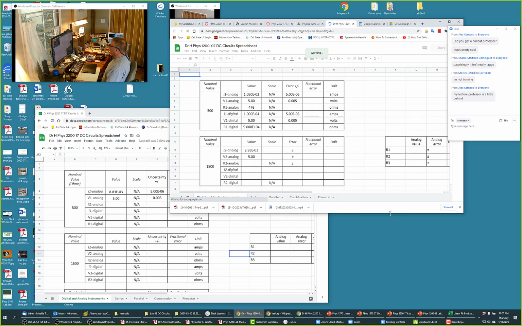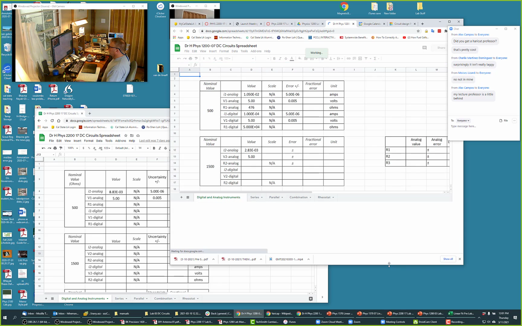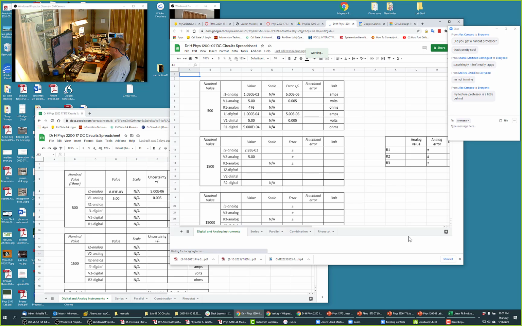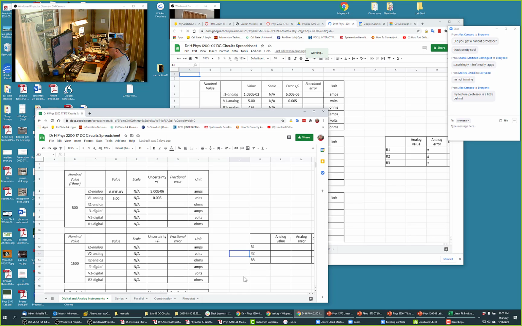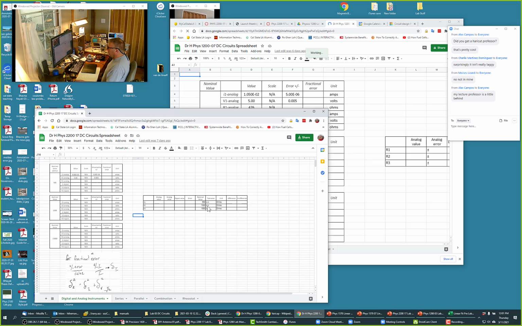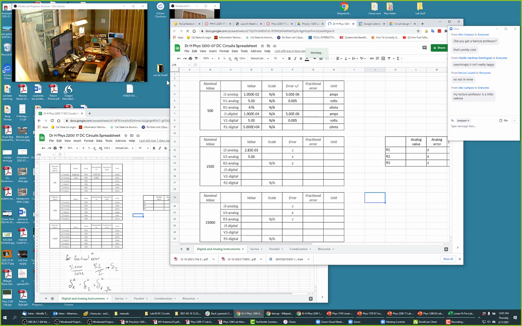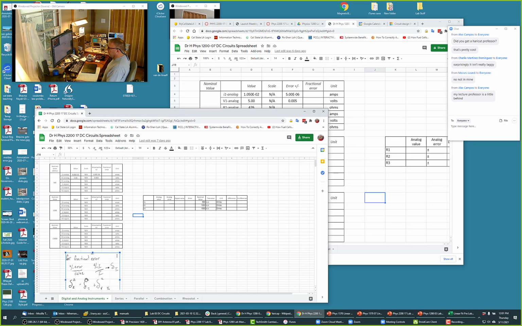So this thing should have, I thought, a diagram. Ah, there it is. So yours should have this diagram with the error equation.